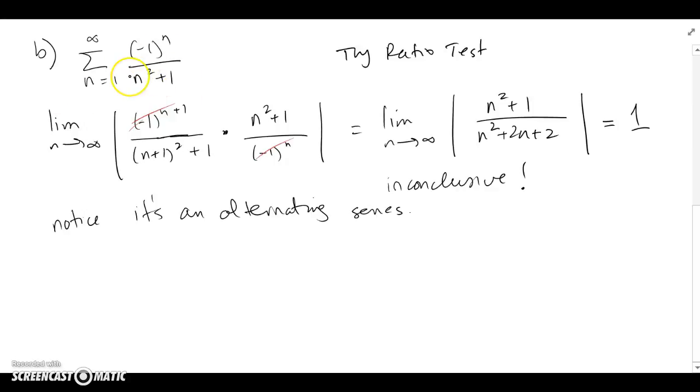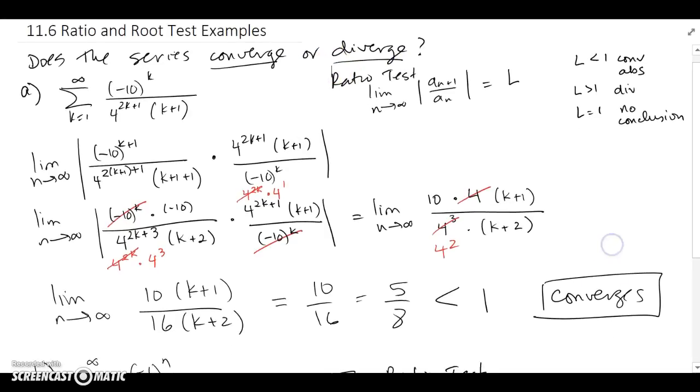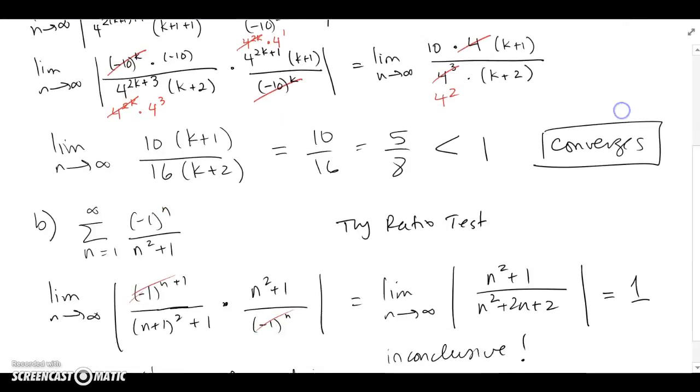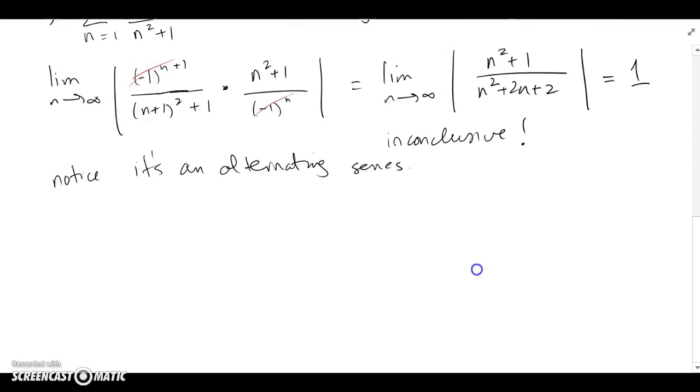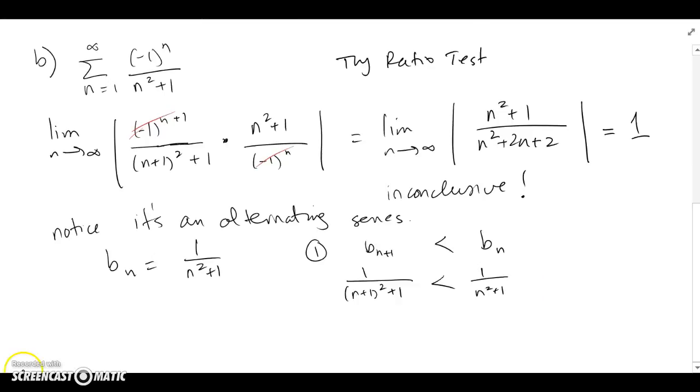Notice this is an alternating series, and since the question only asked for converge or diverge, it didn't say anything about absolutely, I don't necessarily have to do an absolute convergence test. The ratio and root tests are nice because they automatically answer absolute convergence. But all I'm looking at is, does it converge or diverge? So I might as well just use the alternating series test. I pull out my Bn, and if I put n plus 1 in here, my denominator will be bigger than this denominator.